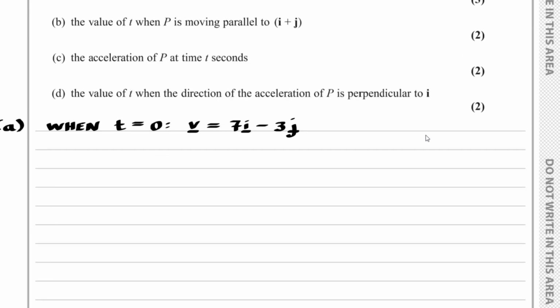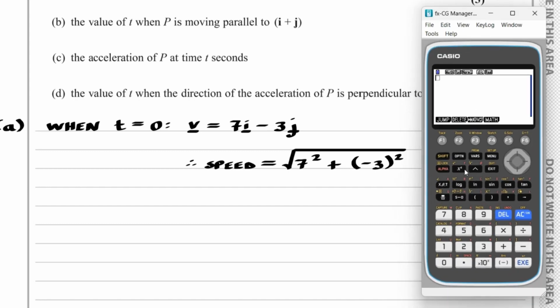So the speed is equal to the square root of 7 squared plus negative 3 squared, which is the square root of 7 squared plus 3 squared, which is root 58. As a decimal, we have 7.62 meters per second to three significant figures.